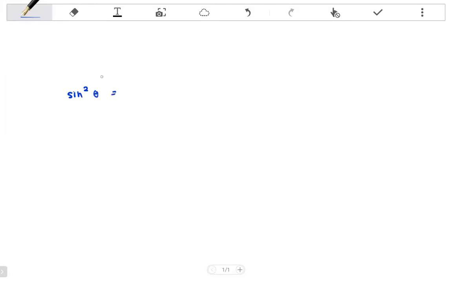So one rule is sine squared theta plus cosine squared theta equals 1. This is a very, very important rule you have to memorize for trigonometry. This 2 might seem weird, but basically it means sine theta, squared.